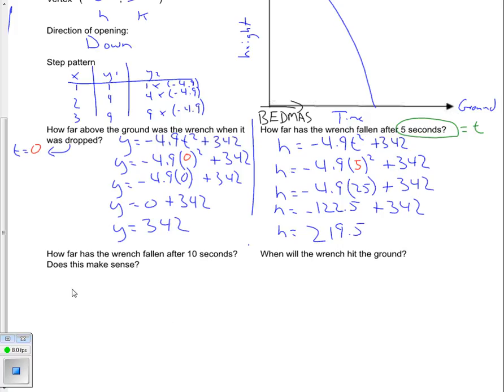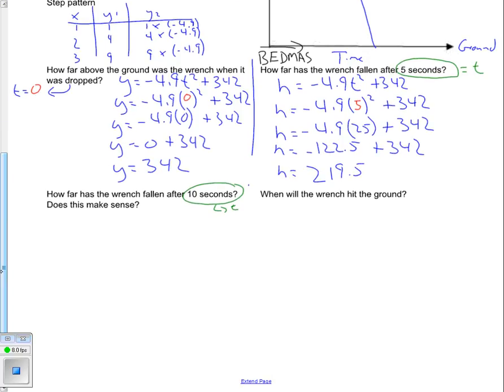So now we're going to figure out how far the wrench has fallen after 10 seconds. Same idea: if it's been falling for 10 seconds, then 10 represents our t value. So h is equal to negative 4.9 t squared plus 342.